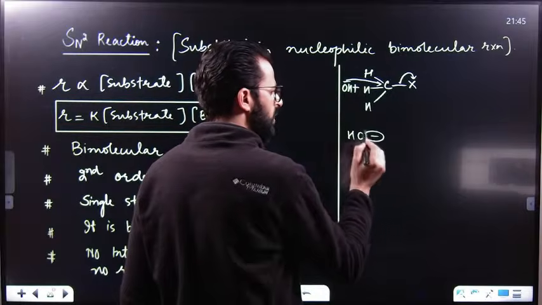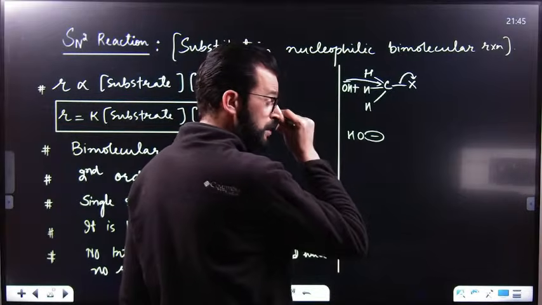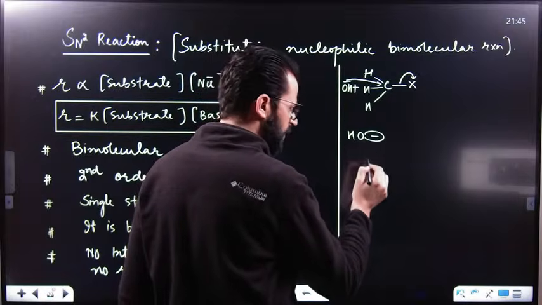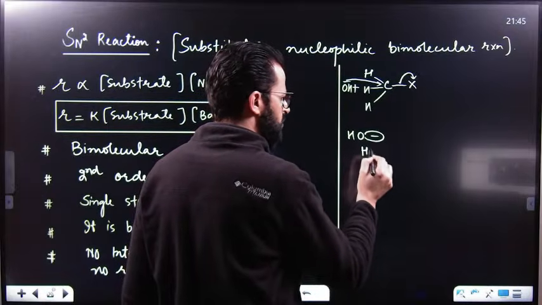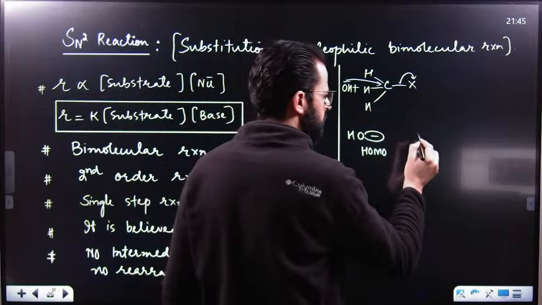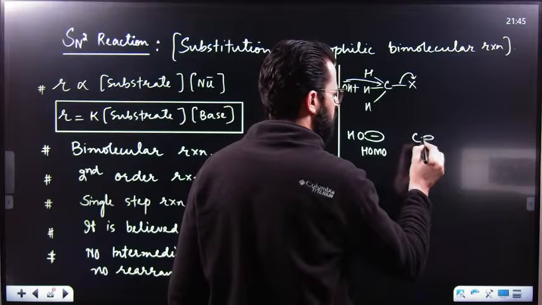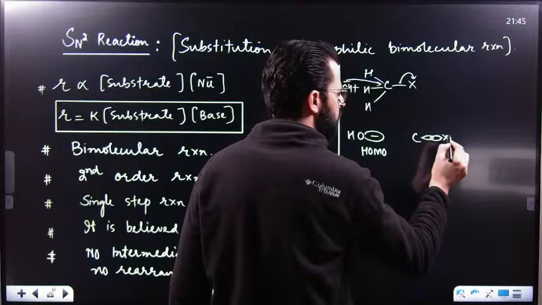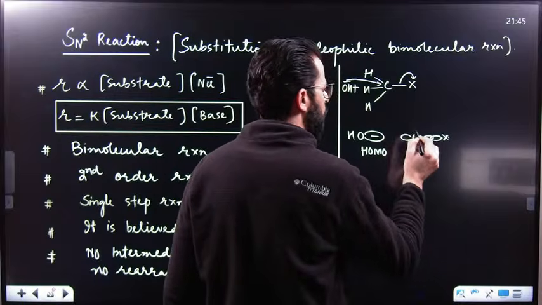This is the nucleophile's negative charge, and the nucleophile's electrons are present in the highest occupied molecular orbital. And of this C, this is the bonding orbital. Now, this is its anti-bonding molecular orbital. Have a look.